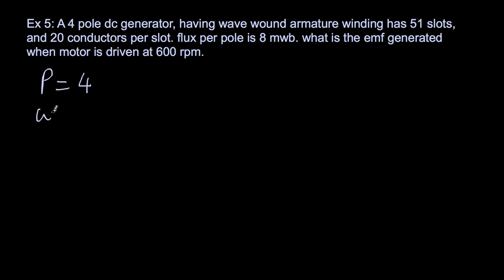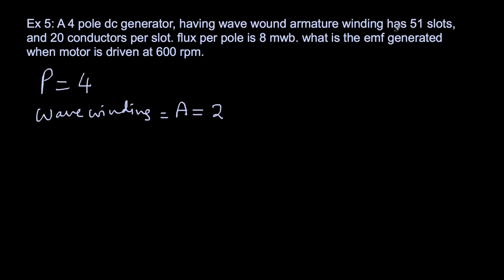If it is a wave winding, the number of parallel paths A is nothing but 2. How do you remember? Because wave winding has 2 sharp edges at the top. Anyway, let's continue.